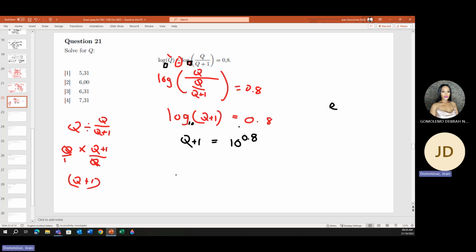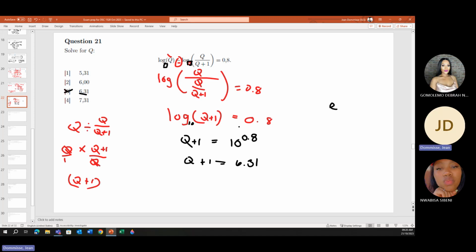Okay, so now you can see we can work out that 10 to the power of 0.8 first. That gives us Q plus 1 is equal to 6.31. Which is that one, but it's not yet that one. So we still need to subtract the 1.